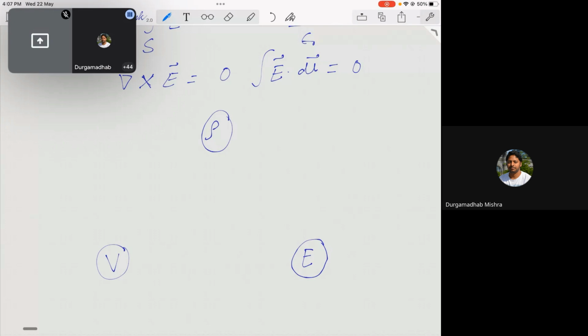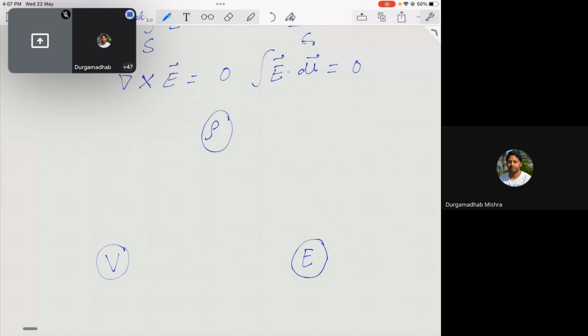Either one of these is known, either the charge distribution or the potential, and we want to find the others. If the charge distribution is known, we want to find the potential or the electric field. These are all interlinked through the equations that we are writing.